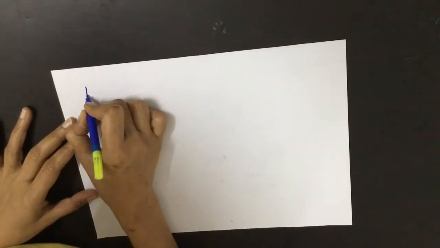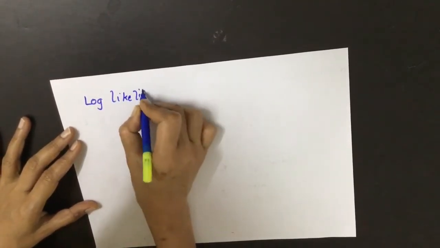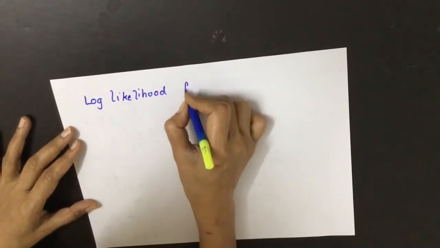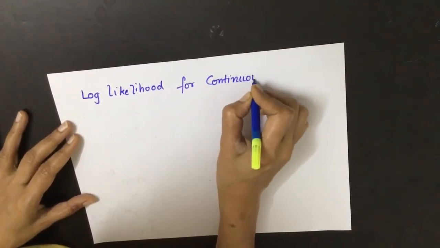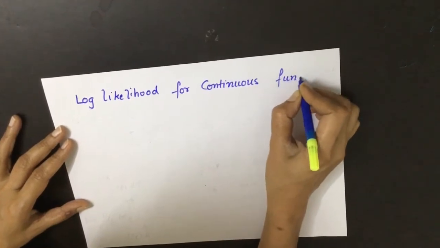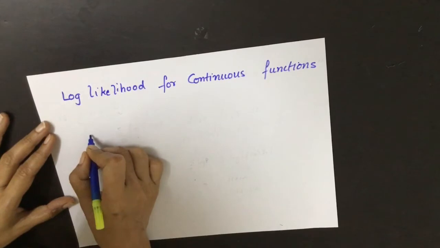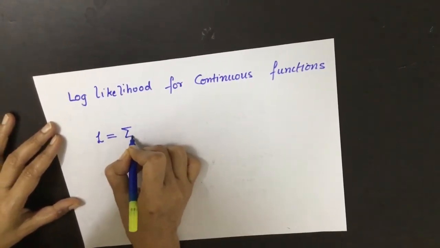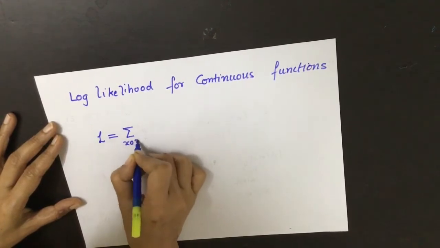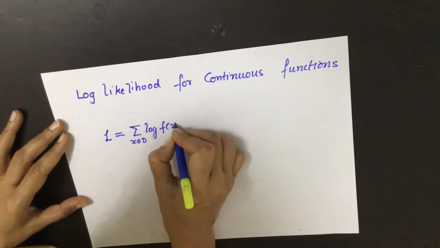So let us have a look at the formula. The log likelihood for continuous functions is the summation over all observations of the log of the density function.